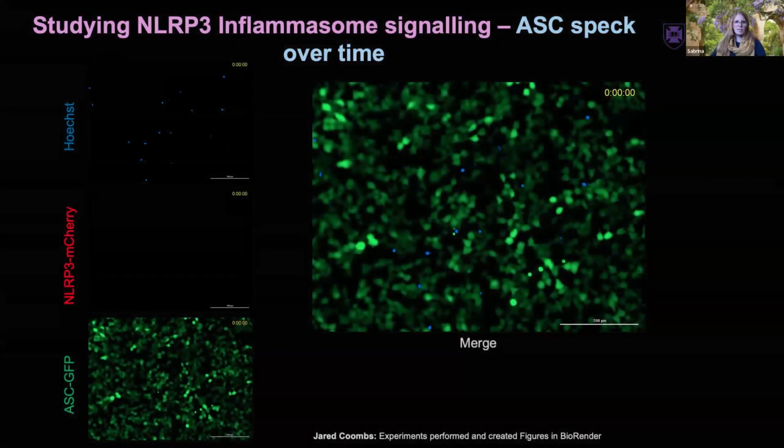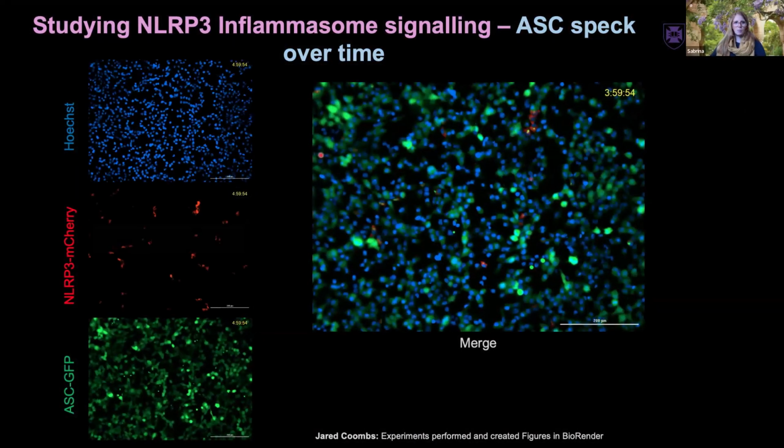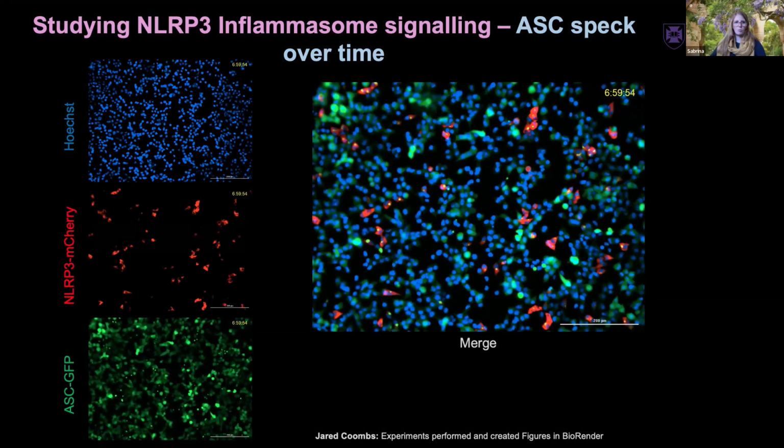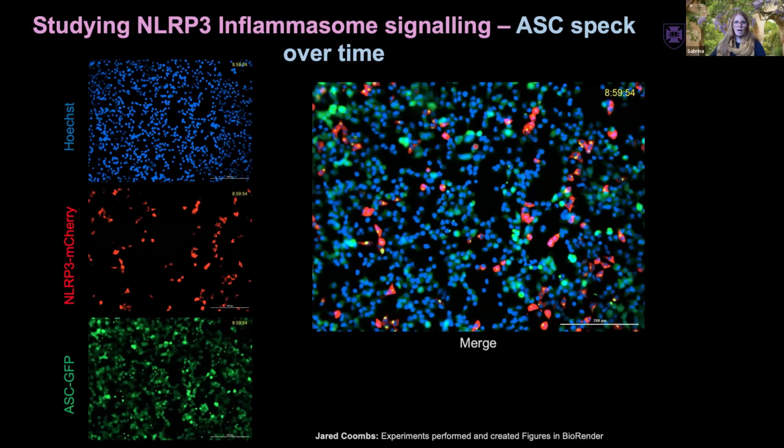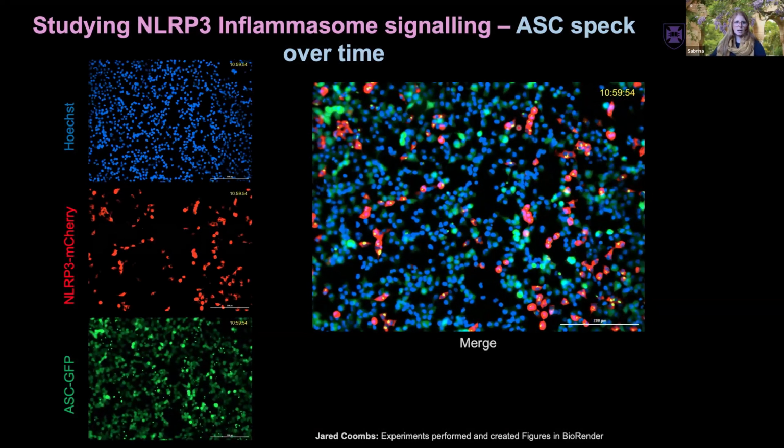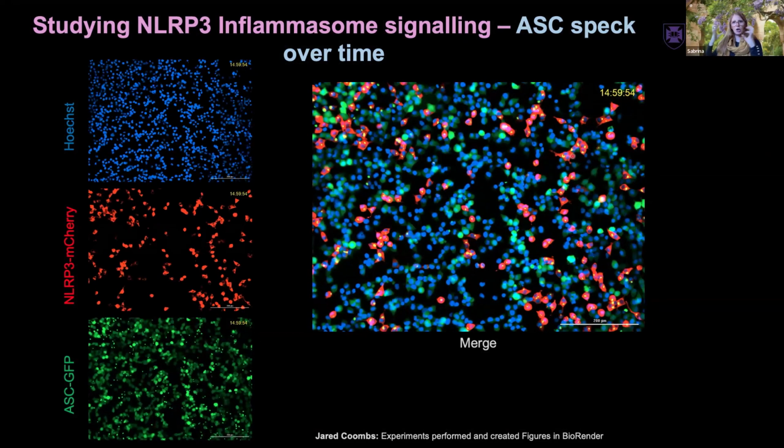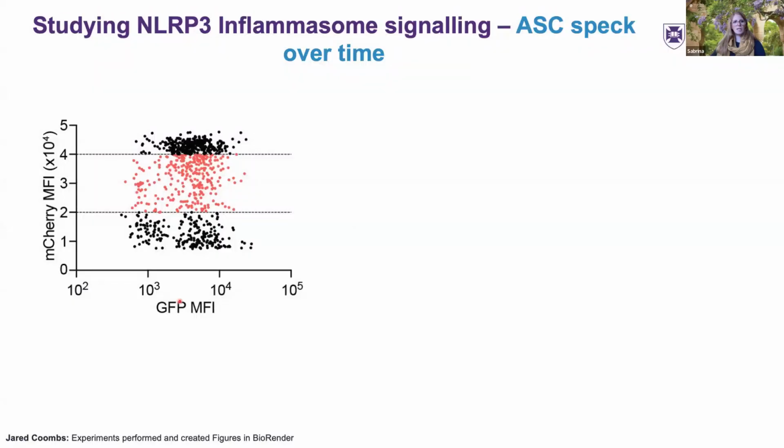So what we could see with the Cytation is the appearance of these red NLRP3-expressing cells. And as soon as they express NLRP3, the GFP condenses and forms this speck. And we can measure this kinetically. To quantify that, we can use similar readouts as we did with the flow cytometer, where we look at the expression level of mCherry.